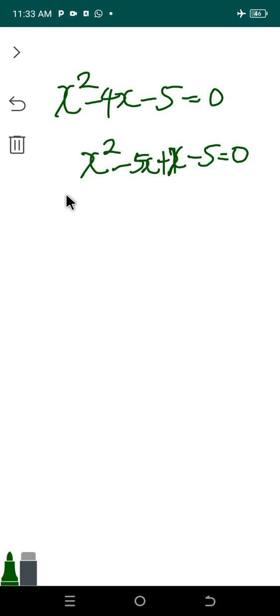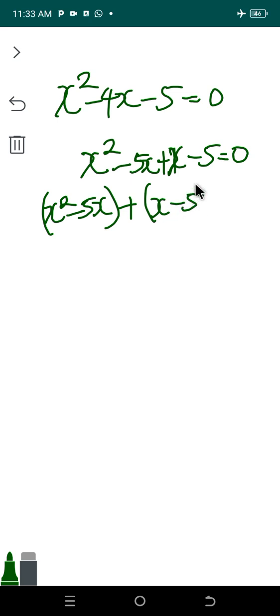The first thing that should come into our mind is grouping this equation into two brackets, which we have x square minus 5x close, plus x minus 5 close, is equal to 0.